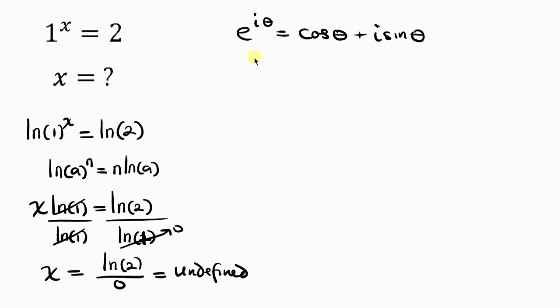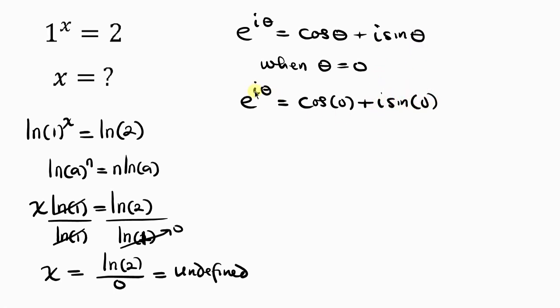We can decide to say, okay, when theta is equal to 0, I'm going to be putting 0 wherever I see theta. So e to the i theta is equal to cos, remember, theta is 0, so this will be 0 plus i sine 0.